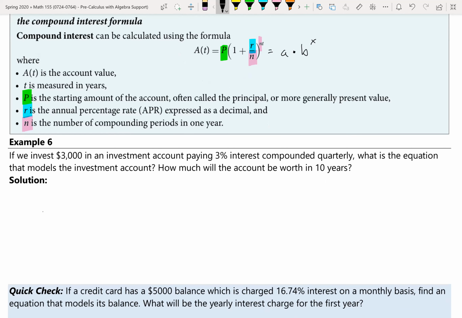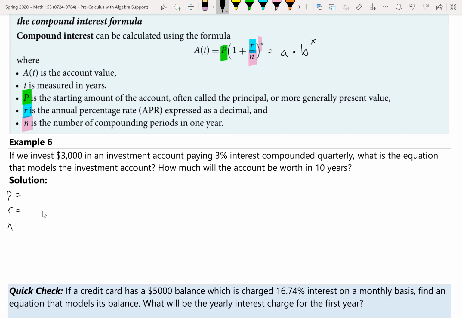So invest $3,000 in an investment account paying 3% interest compounded quarterly. What is the equation that models the investment account and how much will we have in 10 years? Plug and chug. A of T. What's P, what's R, and what's N?